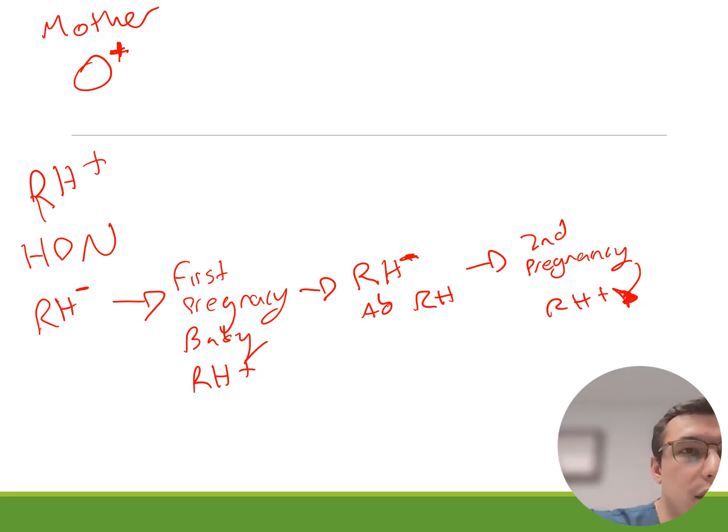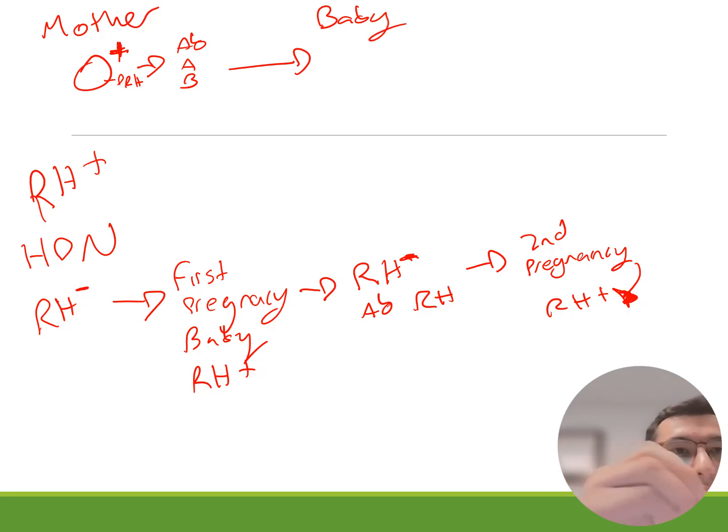And so she will have antibodies against A and B. We'll just put in here the Rh, A, and B. Now she will never make antibodies against Rh because she has the surface antigen. She will be attacking herself. And she has a baby that has type blood AB.